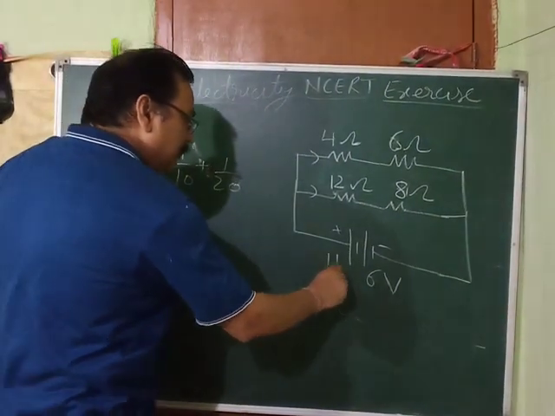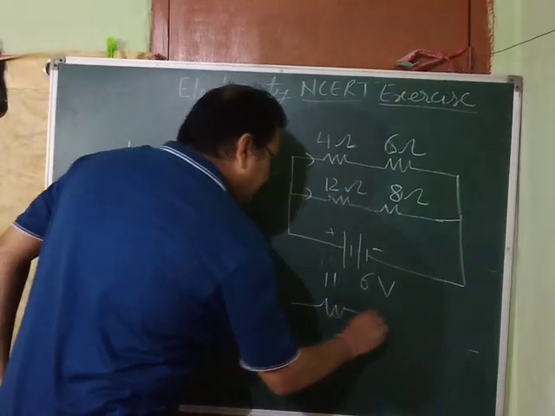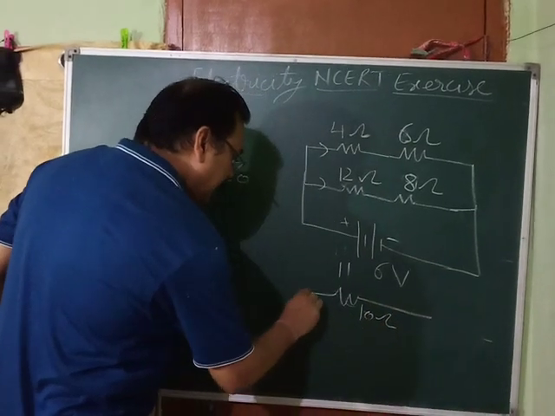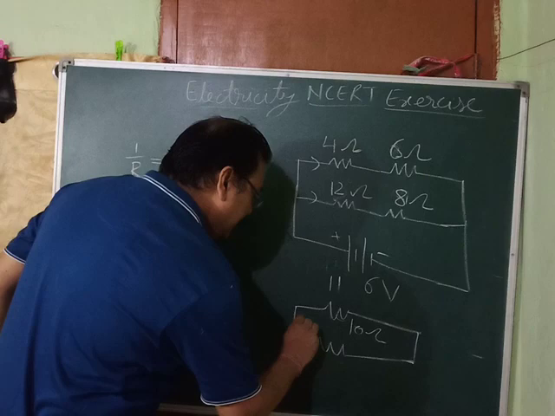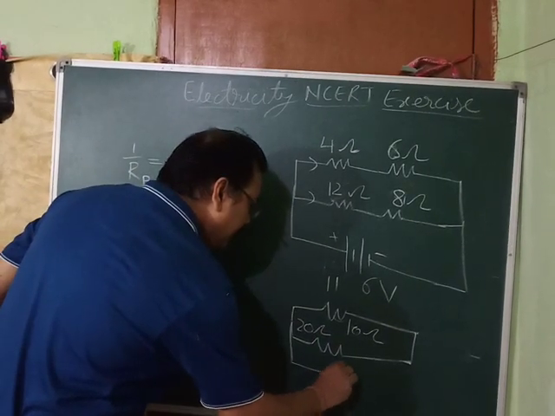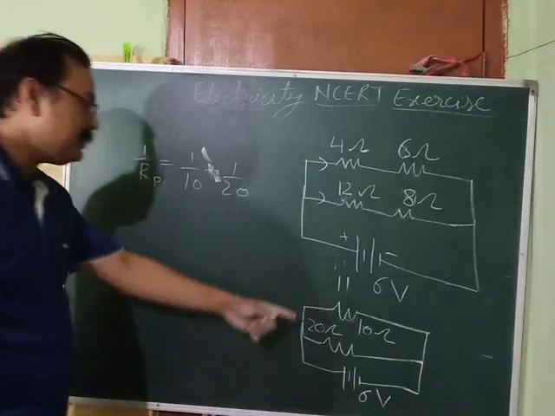Your circuit will be equivalent to like this, no? This is 10 ohm and this is 20 ohm and it is connected to a battery of 6 volt. Your circuit is reduced like that.